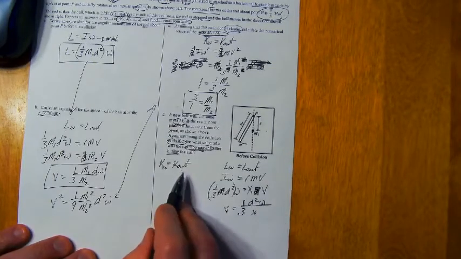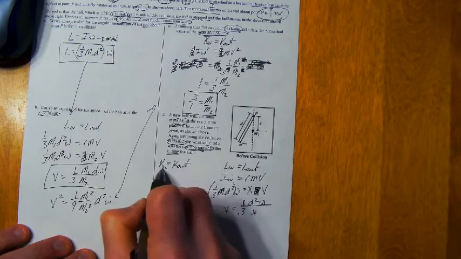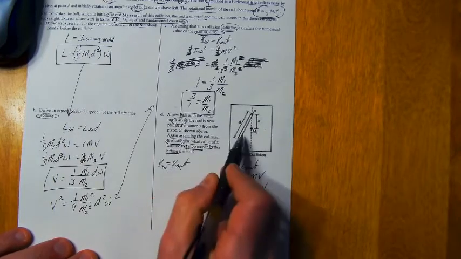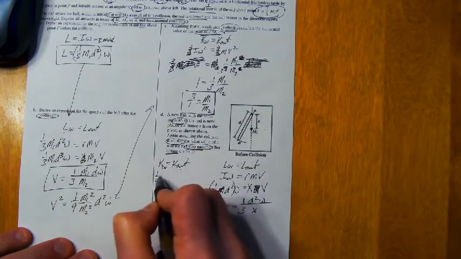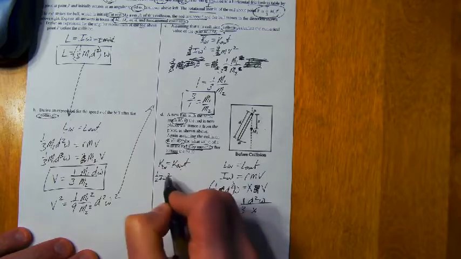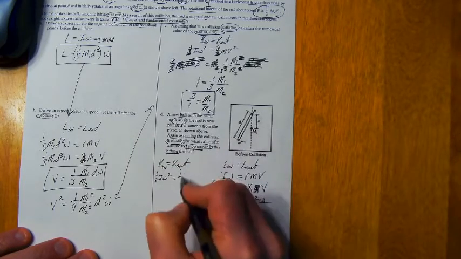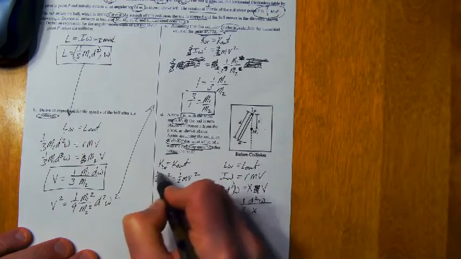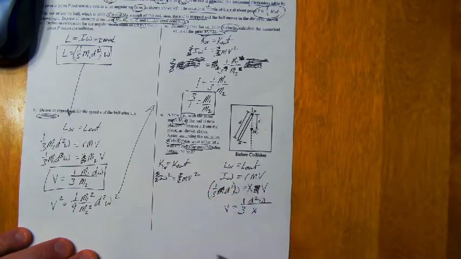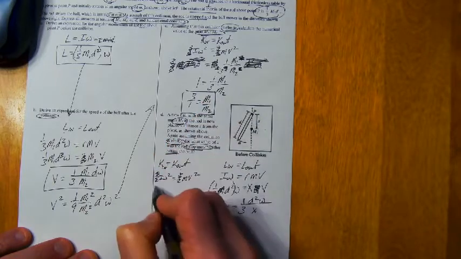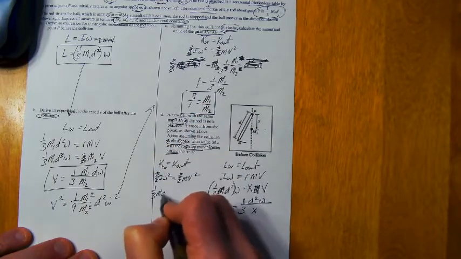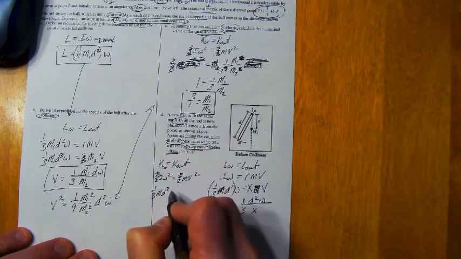Velocity has to deal with kinetic energy, so over here I'm going to say the kinetic energy in was the kinetic energy of the rod rotating, 1/2 I omega squared again. And the kinetic energy out will be the motion of the ball in a straight line, which would be 1/2 mv squared. My halves will cancel out. The I value was given to us, so 1/3 md squared omega squared.